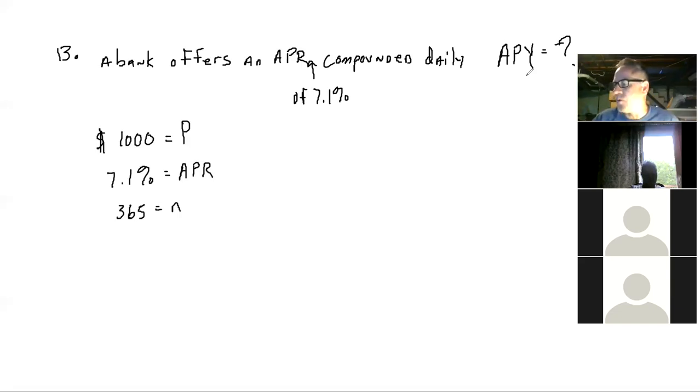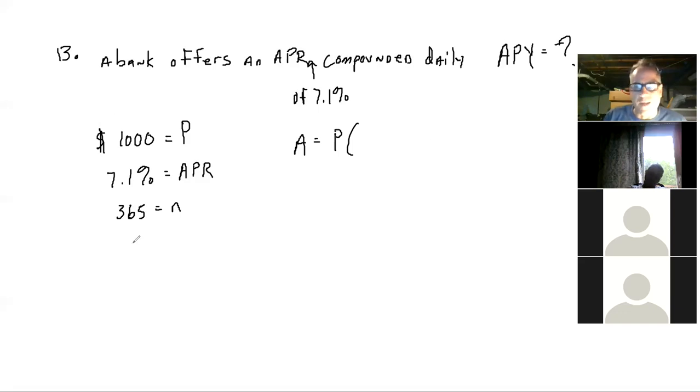So I would get my formula. Recall the formula in general for compounding over a certain number of compounding periods is P times 1 plus APR divided by n, to the power of n times y.